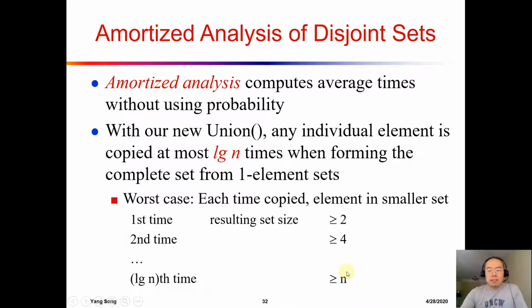So how can we do that? This is a new trick for analyzing time complexity, and it is called amortized analysis. We can consider it this way. If we only copy the smaller set into the larger set, and we just consider one item, then the first time this item is copied, it is copied to a destination set which has at least two items.